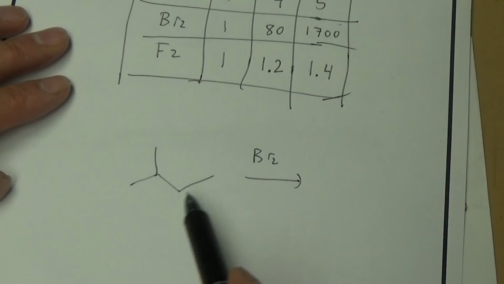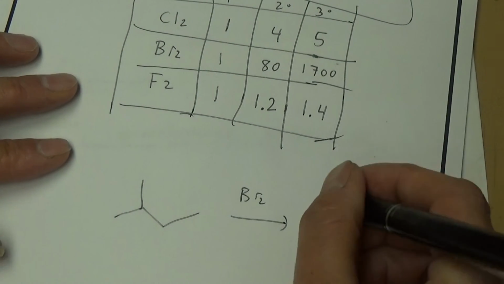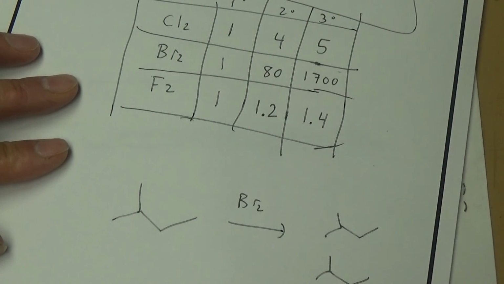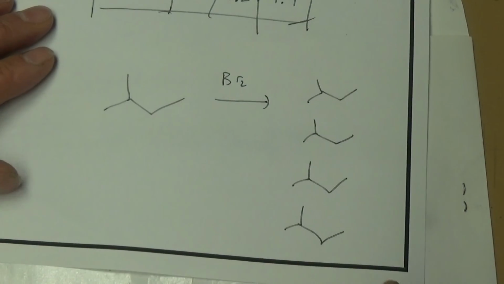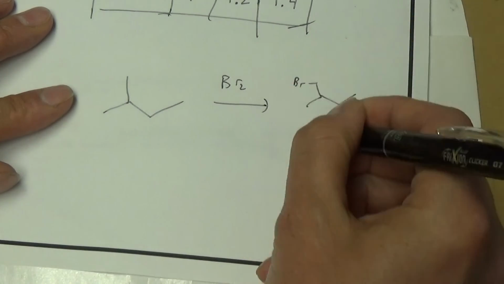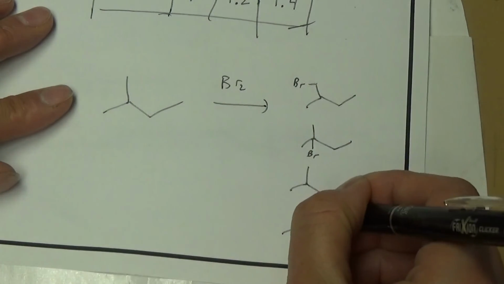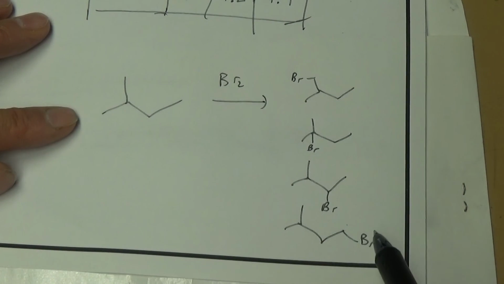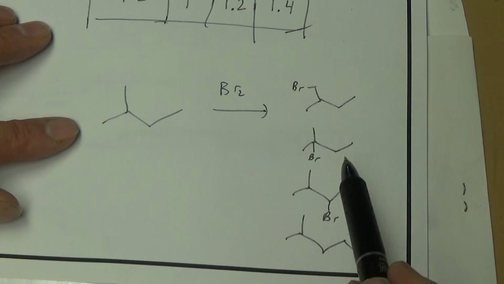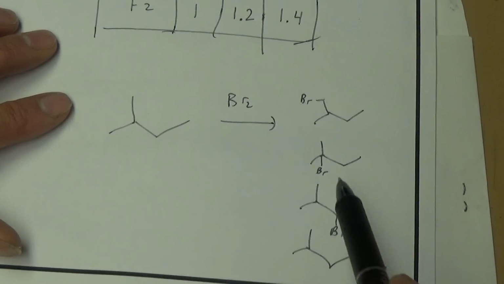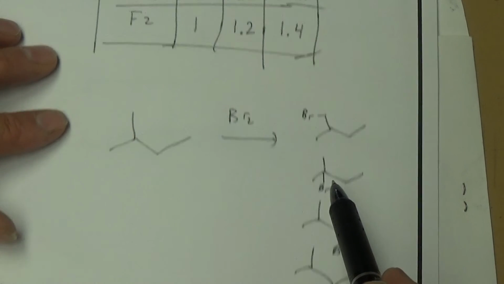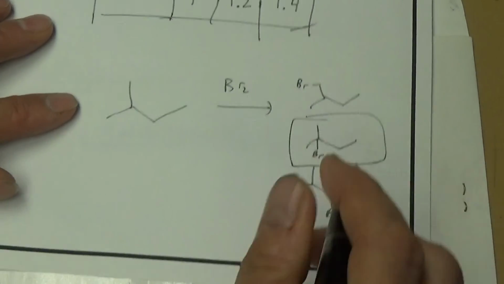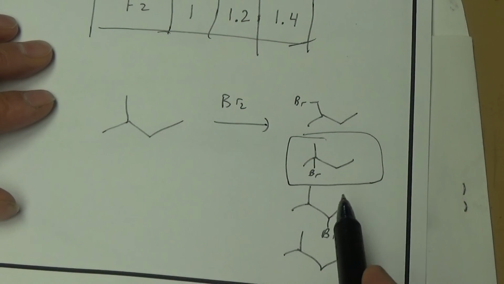If you have that, you brominate, you get 4 products: Br, Br, Br, and Br, right? You should be able to calculate these, and most likely one of these is going to be very, very selective. I'll just tell you, obviously tertiary selectivity is really crazy with bromine. So you do the math and you'll get this. We'll do the math next time, or you can try it yourself.